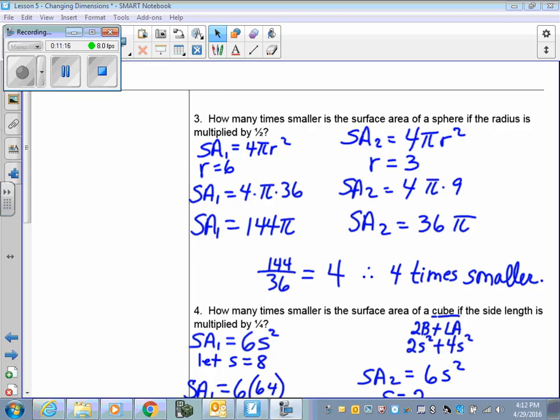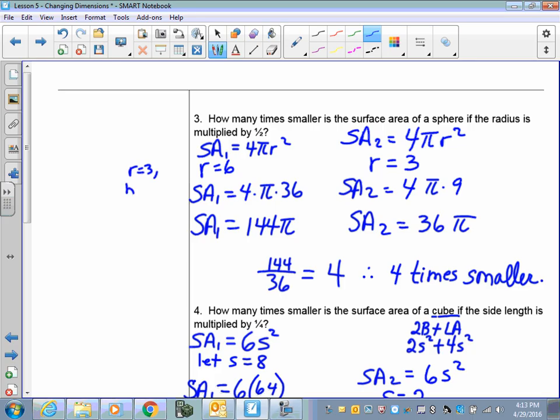You see, I do want to point out what I did here in these problems. Before, on the previous page, I let r equal 3 and h equal 5. And that's fine, but you see when my problem tells me that I'm going to multiply the radius by 1/2, I'm going to half the radius.